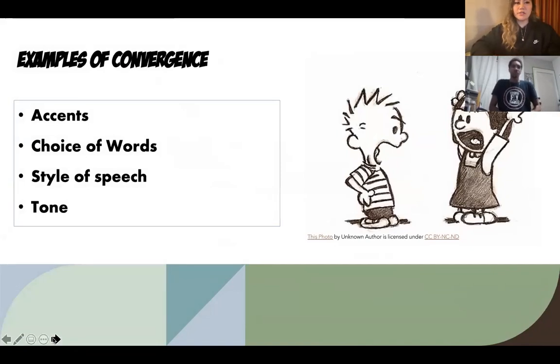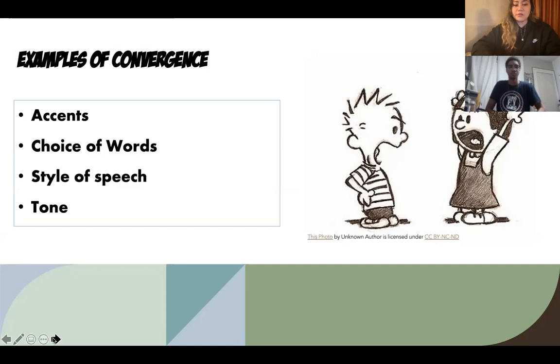Some of the examples of convergence would be accents, choice of words, style of speech, and tone. For accents, we can see convergence when, for example, New Yorkers have a certain accent, and choice of words would be the vocabulary that we use that we wouldn't use with a certain person. For example, a teacher, you wouldn't talk to them with certain vocabulary that you would with your friends.